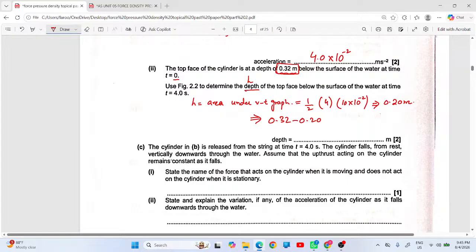Now determine the top face below the surface of water at time 4 seconds. 0.32 minus 0.2 कर दो, 0.12. इसका आंसर देखें.